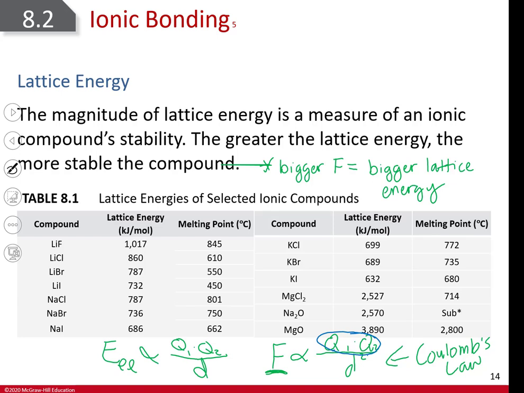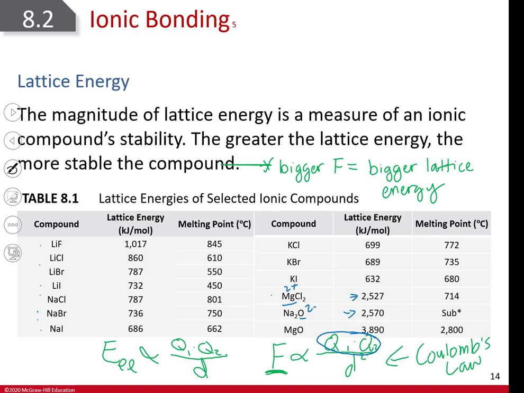Looking at this table, everything in this first row, these are all +1, -1s. Lithium, sodium, bromine, iodine, etc. Over here, though, magnesium has a 2+. Over here, oxygen has a 2-. So we're getting to bigger charges. What happened to our lattice energies here?